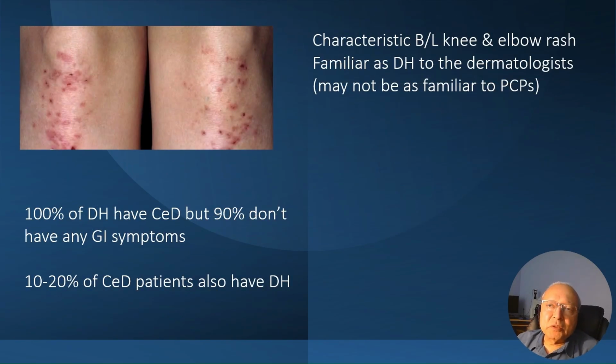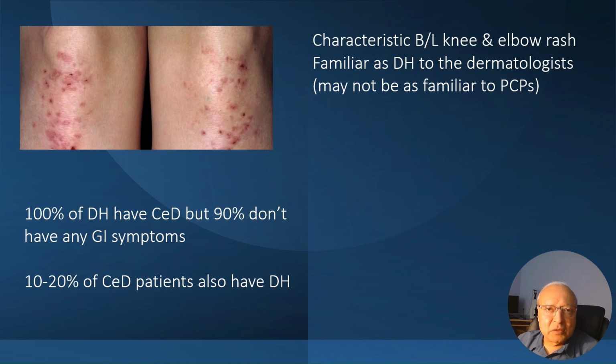Dermatitis herpetiformis shows a characteristic bilateral rash, typically over the knees and the elbows. And this is a very familiar type of rash and location and bilaterality that is very familiar to dermatologists, may not be as familiar to primary care physicians.